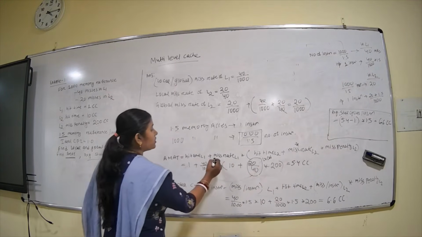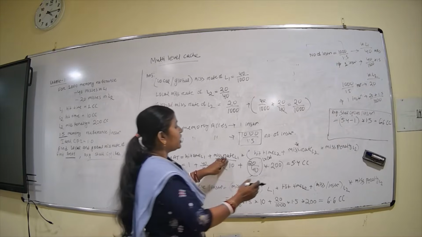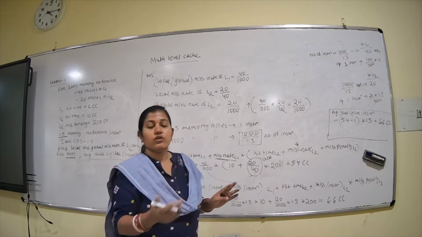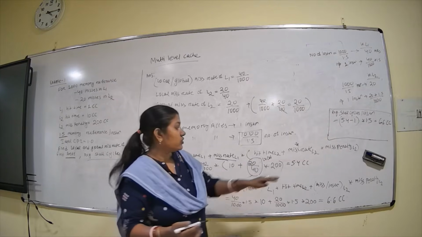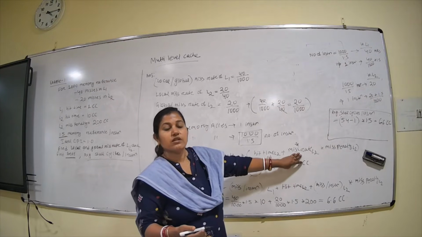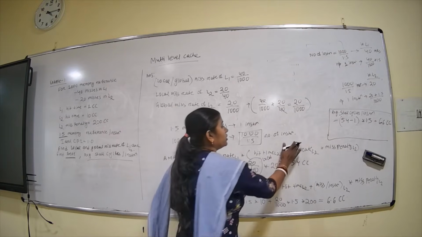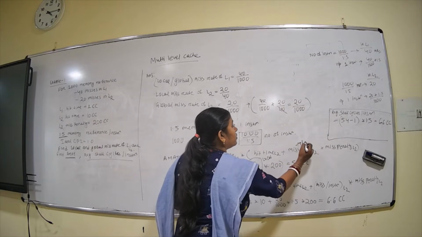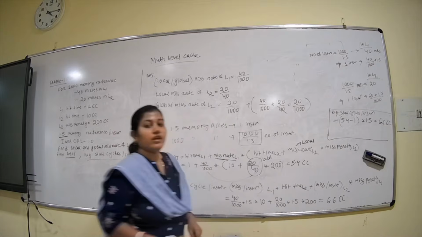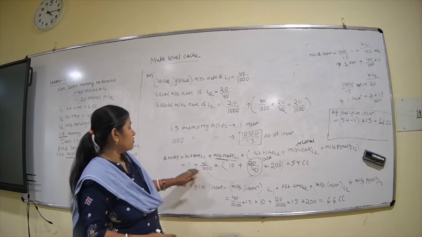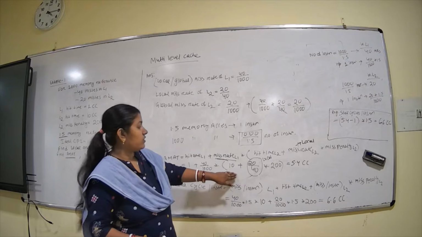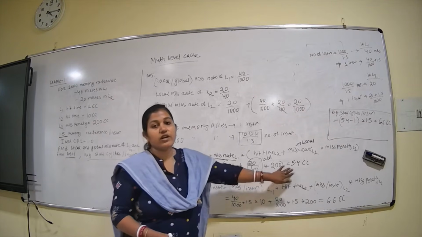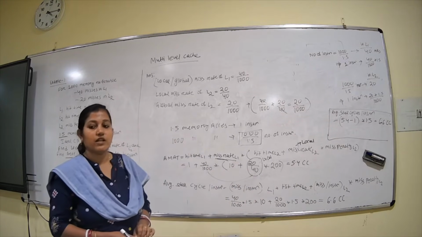As you are multiplying with the miss rate of L1, the miss rate of L1 and miss rate of L2 together will become the global one. So that means the miss rate here is the local miss rate of L2. Just put the values: 1 plus 40 by 1000 into hit time of L2, which is 10, plus 20 by 40 into 200. You will get the average memory access time.